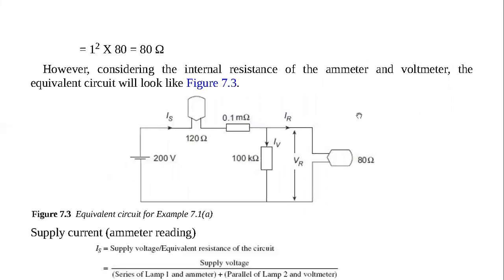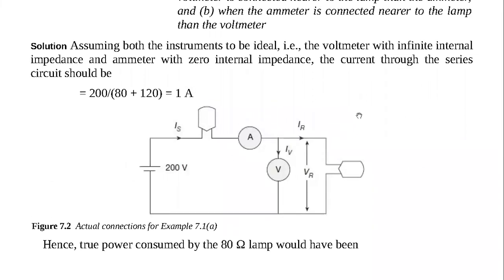So that is the first assumption that you need to deduce. That is the current that will be flowing in this circuit with the assumption that these instruments are ideal. So what would be the true power consumed by the 80 ohm lamp, still going by the assumption that these instruments are ideal?